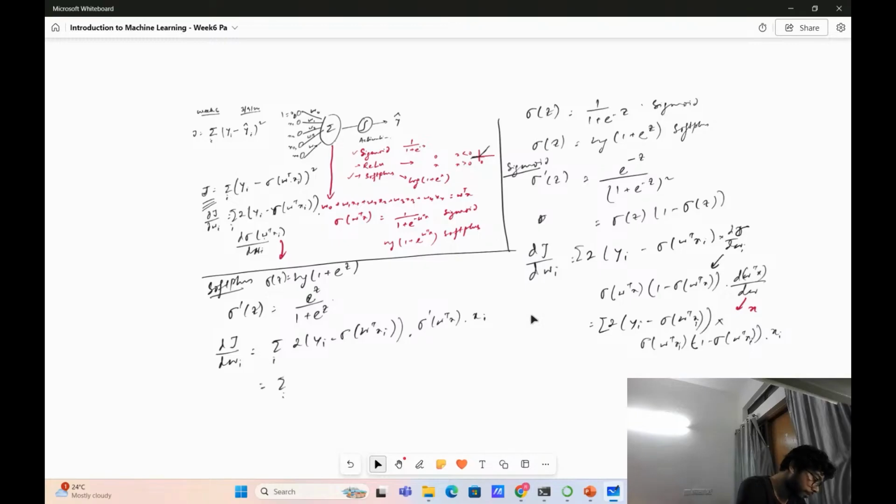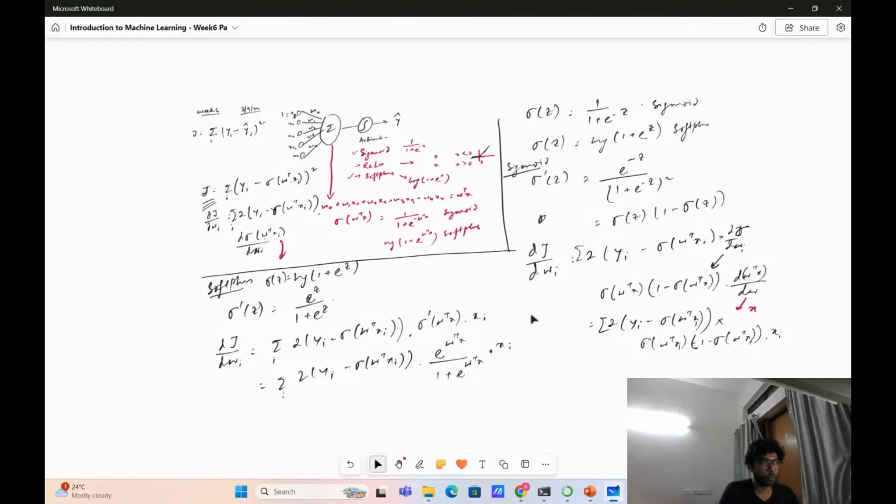Now this will become, writing the same thing, sigma prime of w transpose x is e to the power of w transpose x divided by 1 plus e to the power of w transpose x, times x_i. So this is the derivative of the cost function for the softplus function. And similarly, you can do the derivative for other activation functions as well in a similar way.